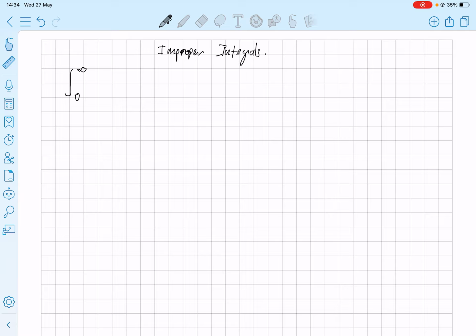Let's consider the area under the curve of f(x) equals 1 over x squared from 1 to t. So A equals the integral from 1 to t of 1 over x squared dx.